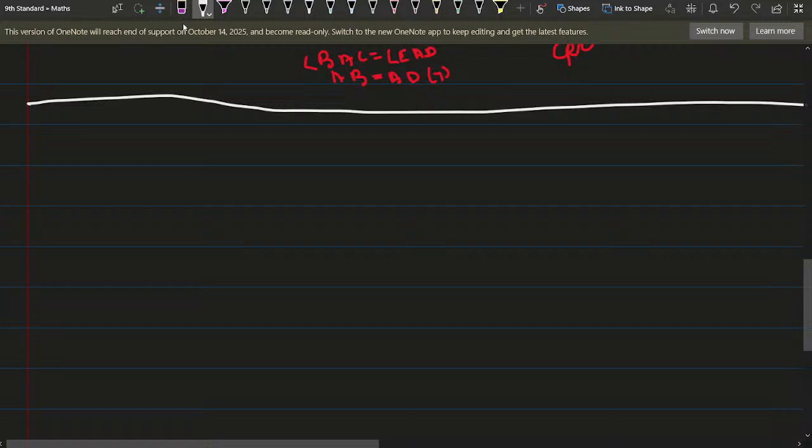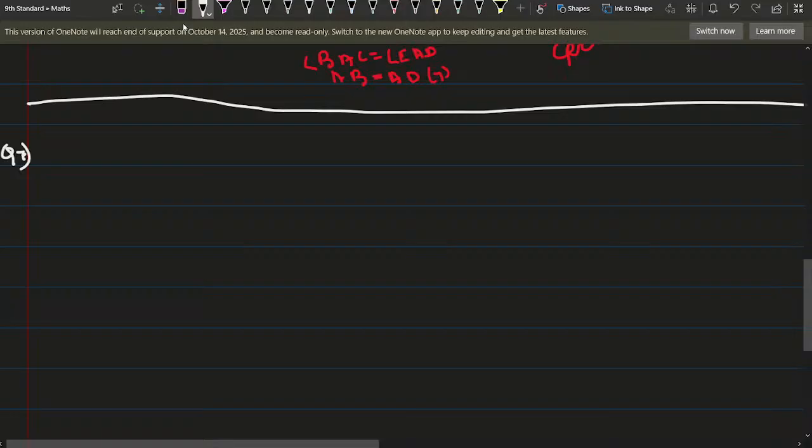Question 7. Next question, please write. Question 7. AB is a line segment and P is the midpoint.